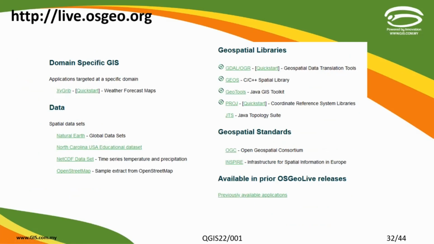I know some commercial software using PROJ as well. OGC is the Open Geospatial Consortium, which maintains standards for data, and INSPIRE is to maintain the infrastructure data standards for Europe. Okay.